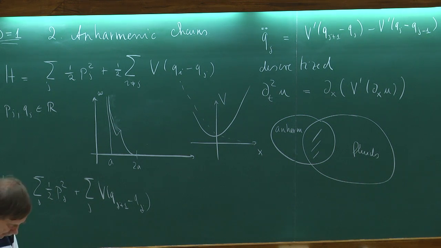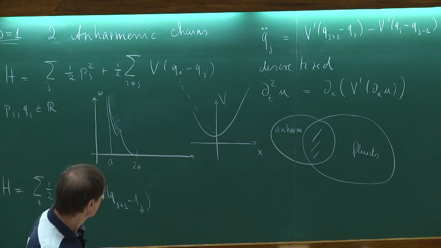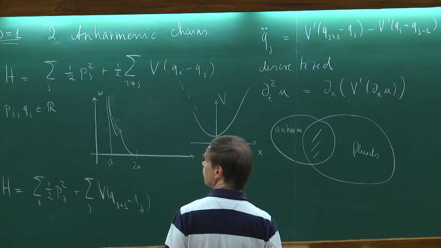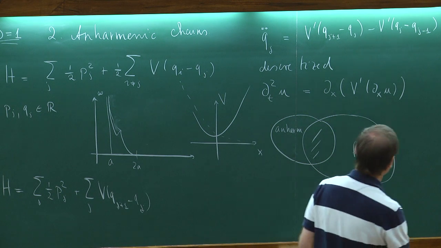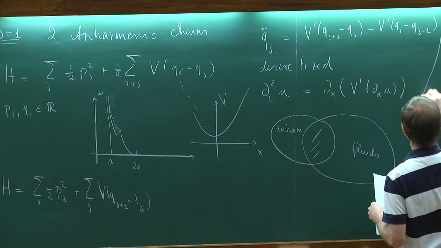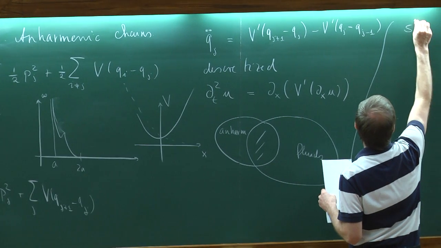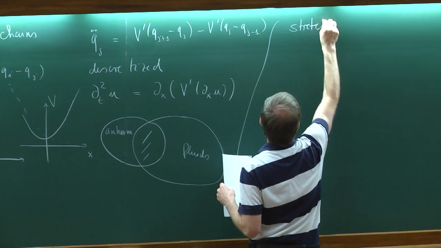Okay. All right. So now the next thing we want to do is write down equations of motion in a slightly different way. So let me rewrite this by introducing the stretches, or the free volumes.